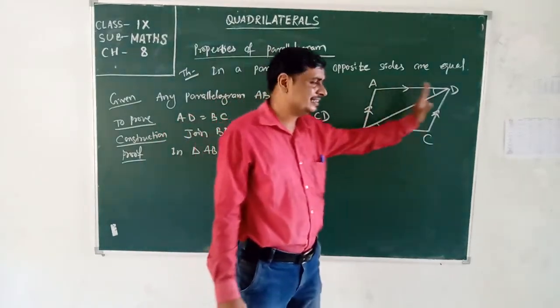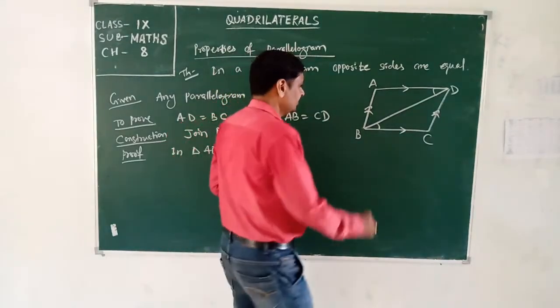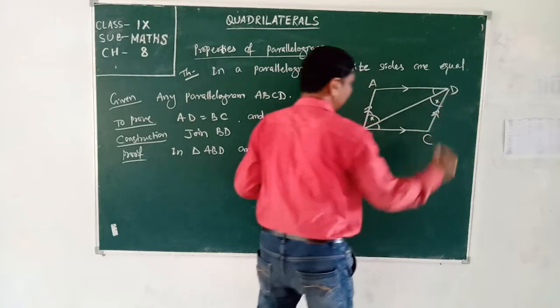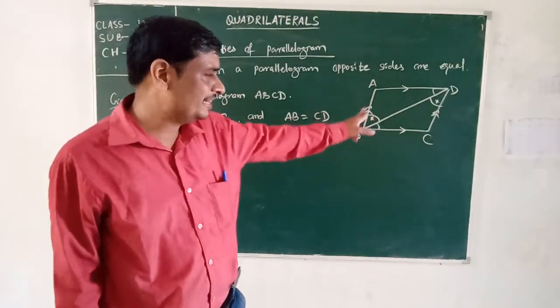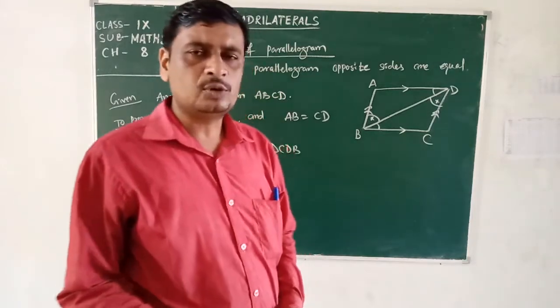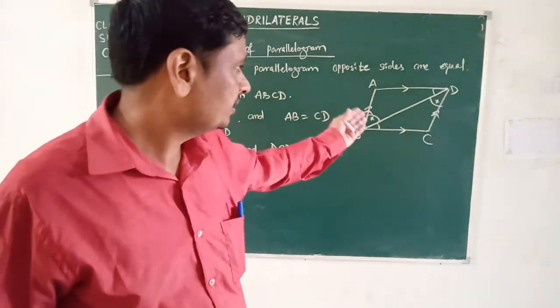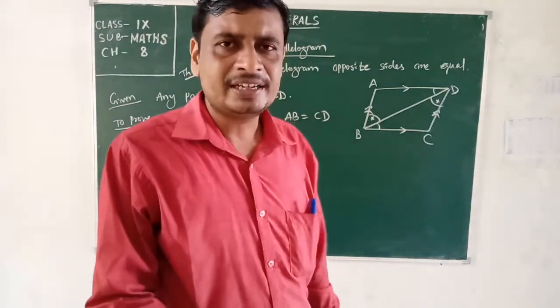Similarly, AB and CD are parallel and BD is the transversal, then this angle and this angle are equal by the alternate angles property, and BD and DB are equal, that is the common side for both the triangles. So triangle ABD and triangle CDB become congruent.